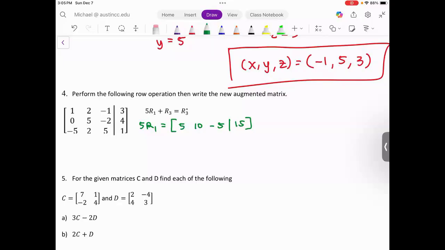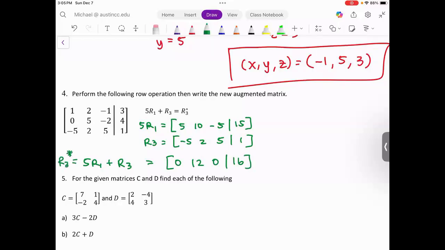Okay. Our R3 is not going to change. It's going to be -5, 2, 5, and 1. So if we add those together, you're going to get 0, 12, 0, and 16. And that is our new R3.